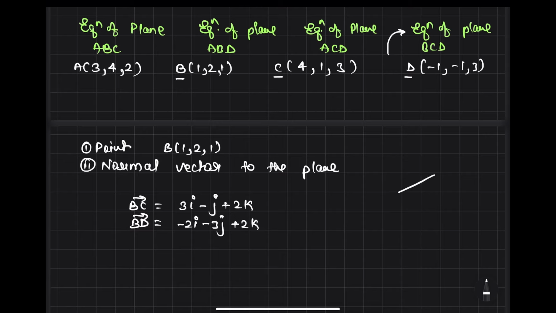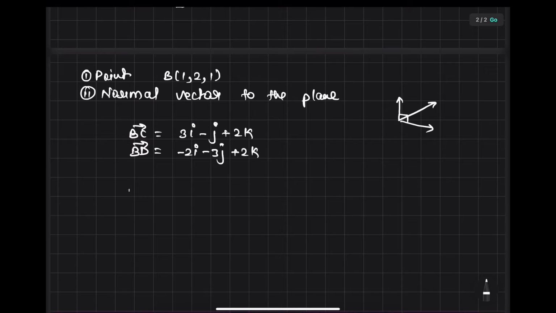If you have two vectors and you need a vector perpendicular to the plane containing them, you should go with the cross product. Do you remember? Yes. So to find the normal vector, we will do BC cross BD. It is the determinant with rows i, j, k; 3, minus 1, 2; minus 2, minus 3, 2.